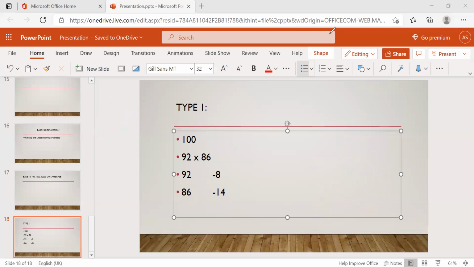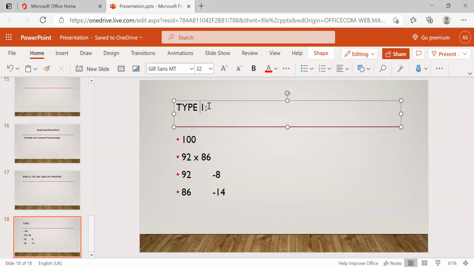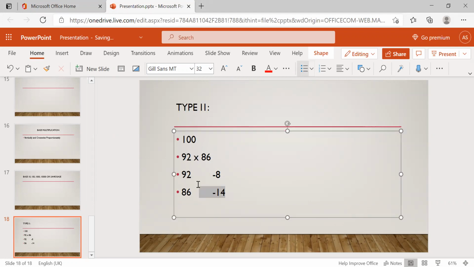Then come to the part of type 2. Right. So type 2 is nothing but more than the 100, I mean more than the base value. So both will be more than the base value.